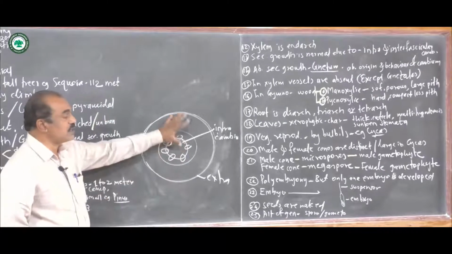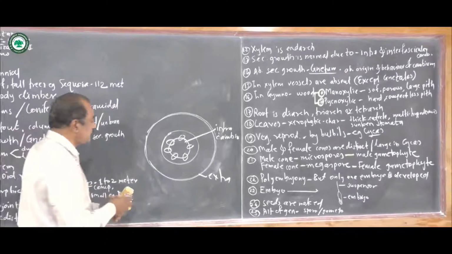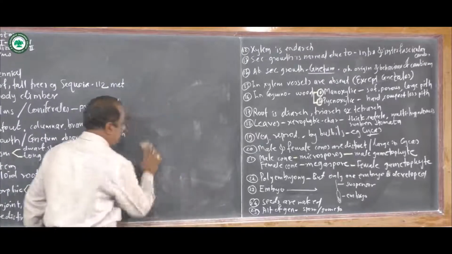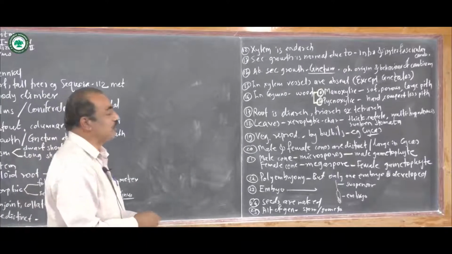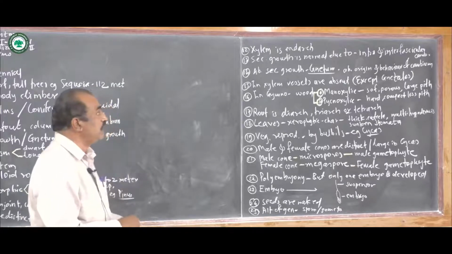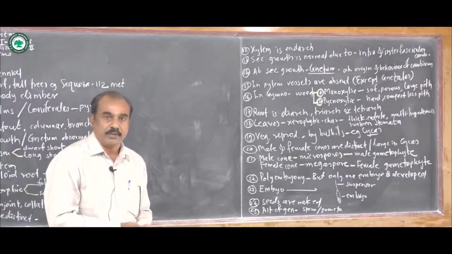So this is the extrastelar and intrastelar secondary growth, and it is important for that particular plant. Now abnormal secondary growth is found in Gnetum. It is because of the abnormal origin and abnormal behavior of the cambium.